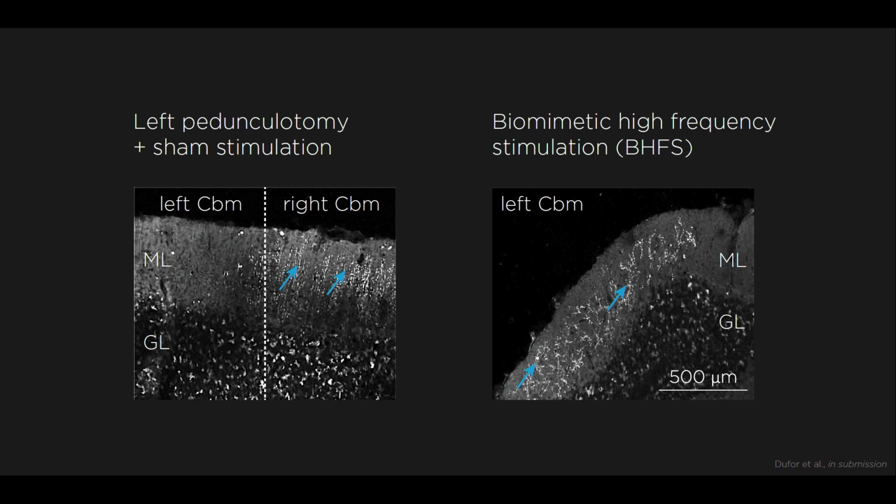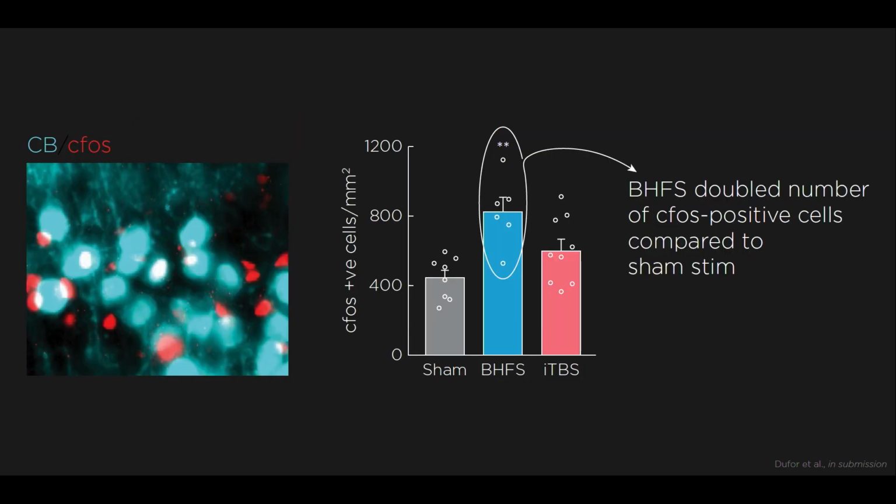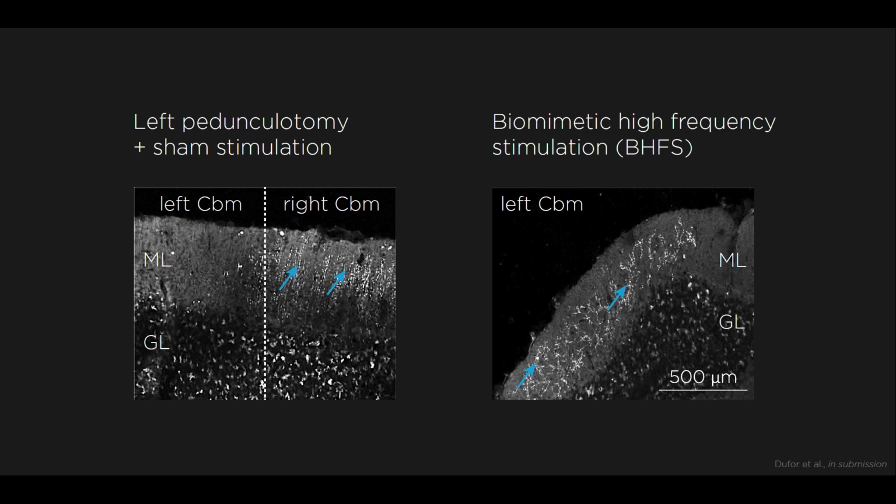But after I think 2 weeks of a high frequency but low intensity stimulation, we see structural growth. We see reinnervation on the left cerebellum. So you see here that the white stripes start to grow back after several days of this high frequency stimulation, meaning that the stimulation, albeit very low intensity, can induce structural changes in the brain.